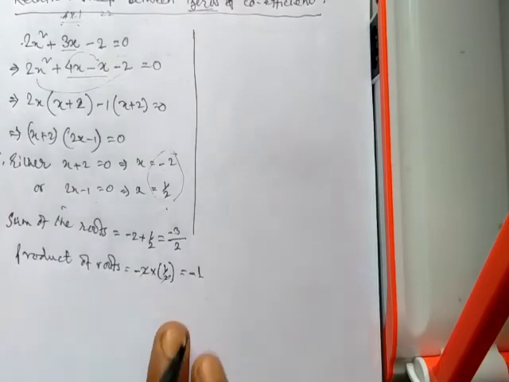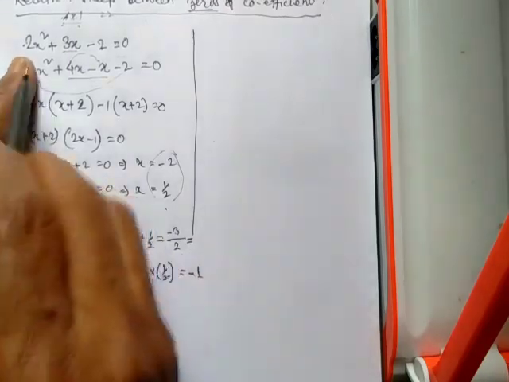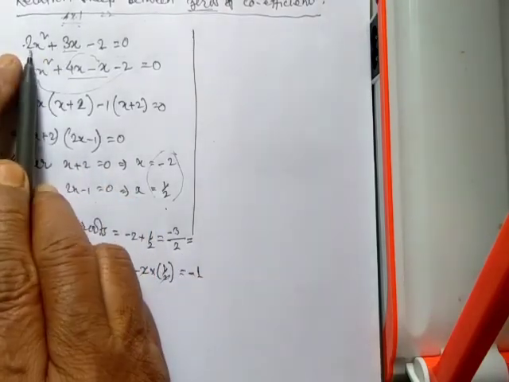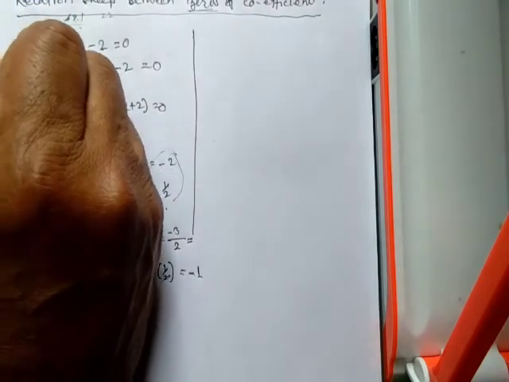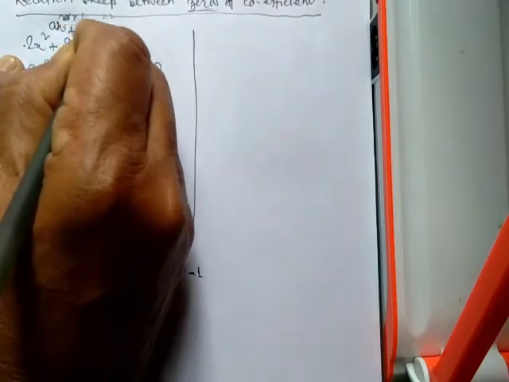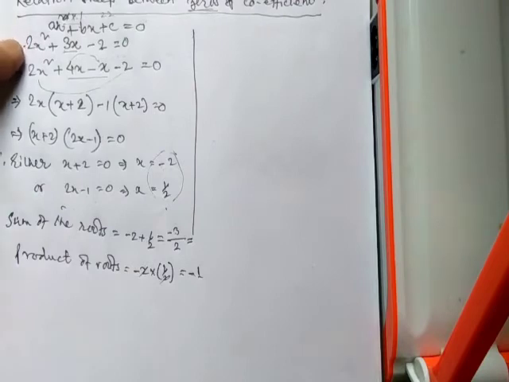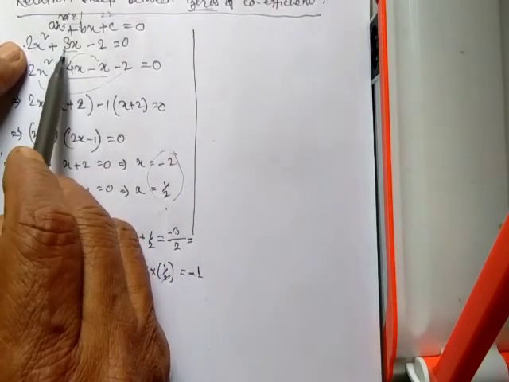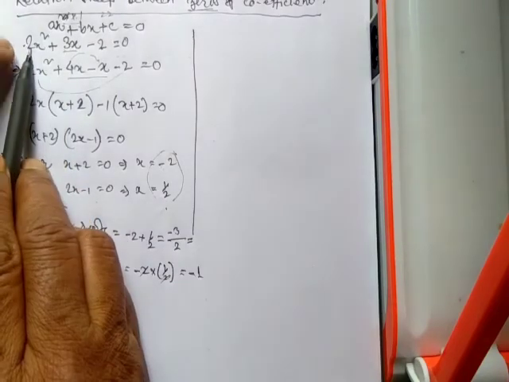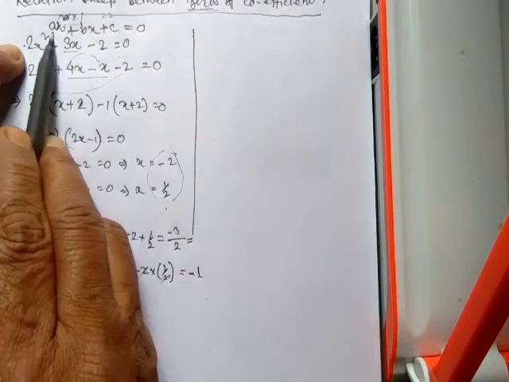Here now, the relation between these two. This one is minus 3 by 2. Suppose I am making it a standard form: ax square plus bx plus c is equal to 0. This is the standard form, and our equation is also in the standard form. Say minus 3 by 2; 3 by 2 means b by a.